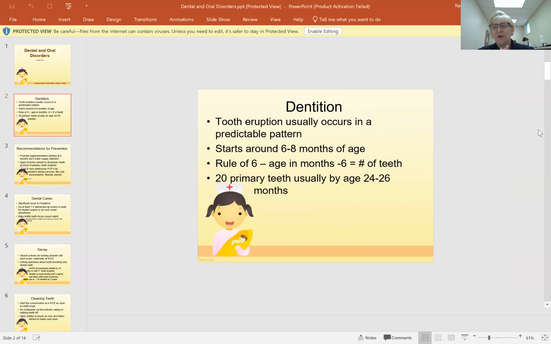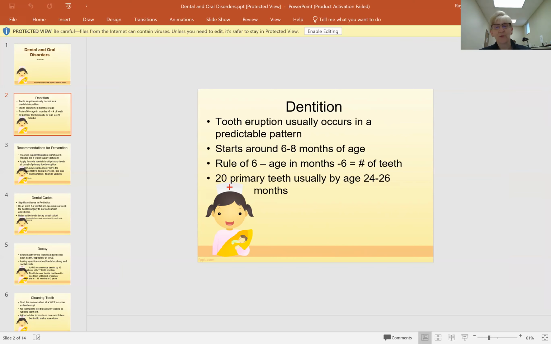Sometimes it doesn't happen until after their first year. But if you're concerned, if there's no teeth popping through, sometimes an x-ray or sending them to the peds dentist for further evaluation, especially if they've got no teeth by the time they're 15 to 18 months old. You might want to go ahead and send them to the dentist and have that further evaluated.